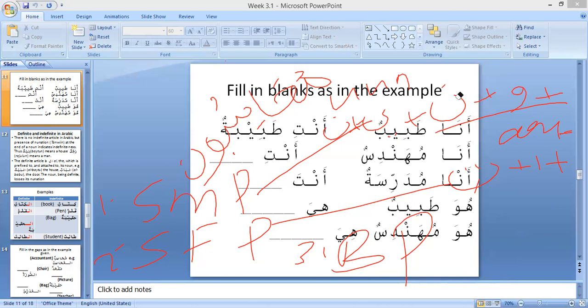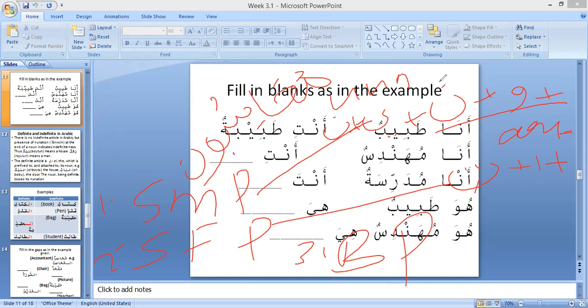Sometimes that plural could be broken, but what you need to know is the singular. Check the singular. If the singular is masculine, it should end up either in sound masculine plural or broken plural. If the singular is feminine, then it should go to sound feminine plural or broken plural.